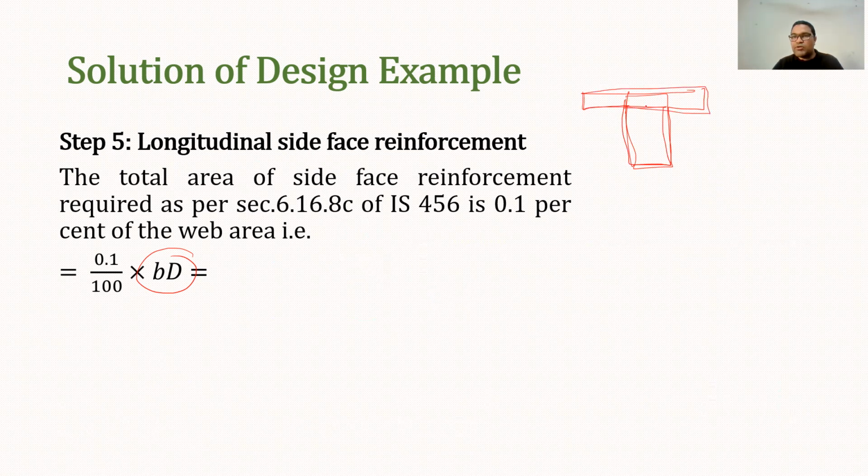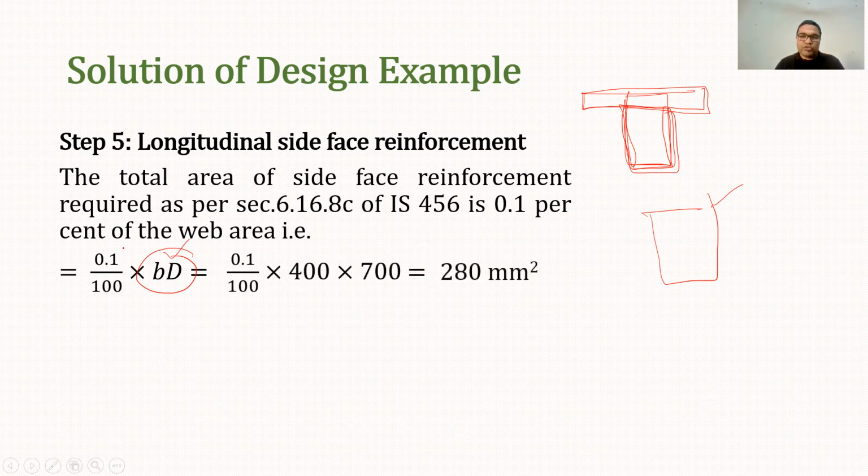So in that case, we would be required to find out web area of this one only. But because we are using our rectangular section, so rectangular section here will be considered as the web area. So that is why this is taken as 0.1% of B into D, putting all the values, we get the area of reinforcement as 280 mm square.